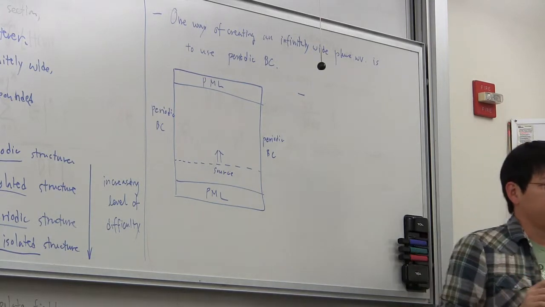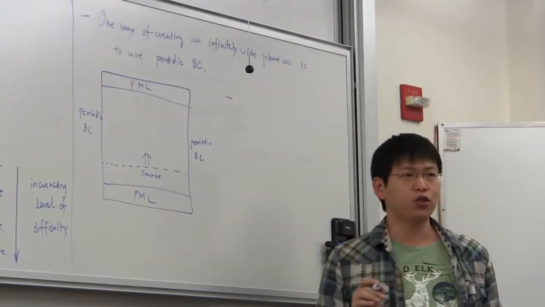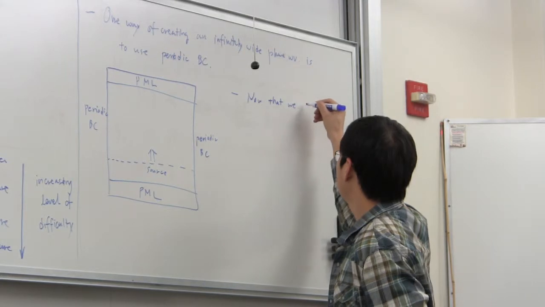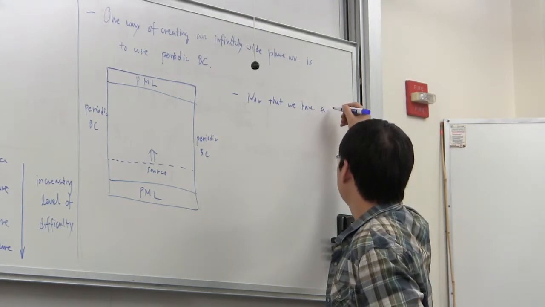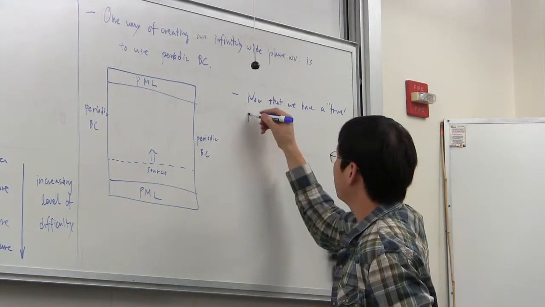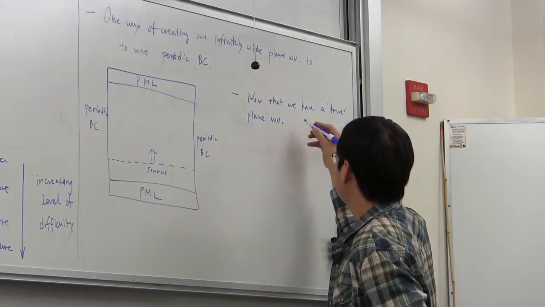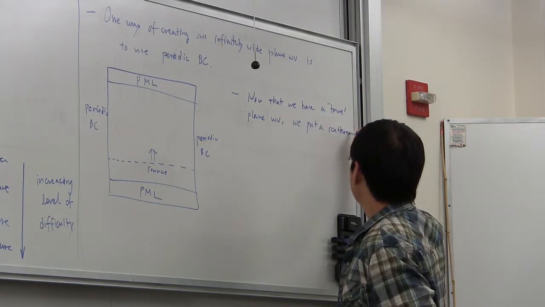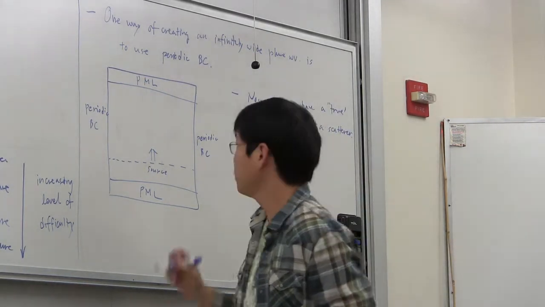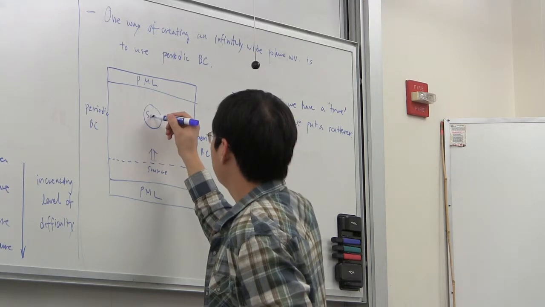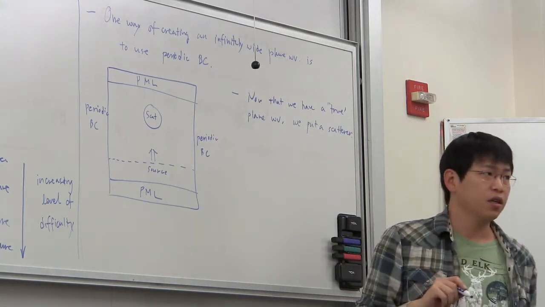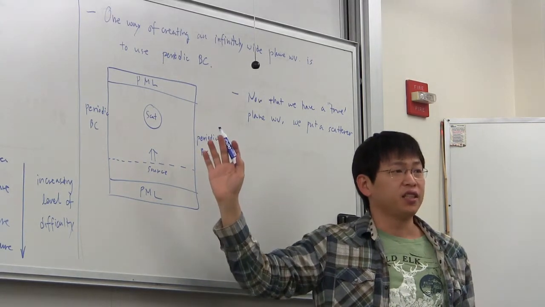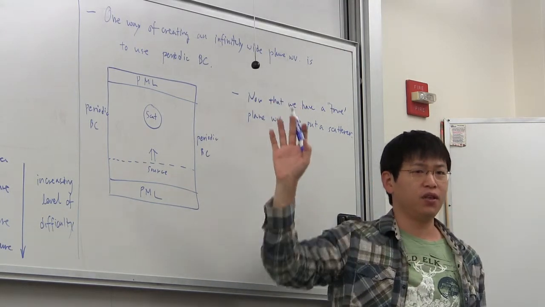Now we have an infinitely wide plane wave. So if you want to put a scatterer here, then what happens is that this scatterer is automatically periodized, so it repeats forever to the left and right.